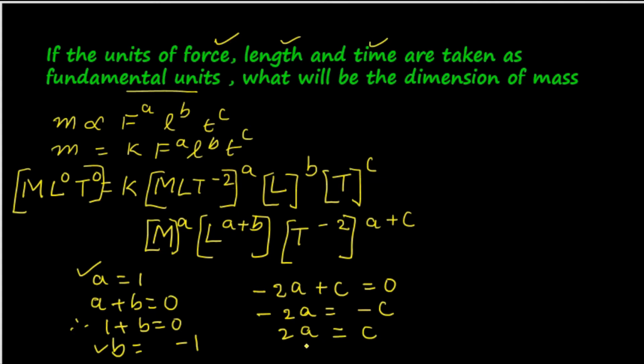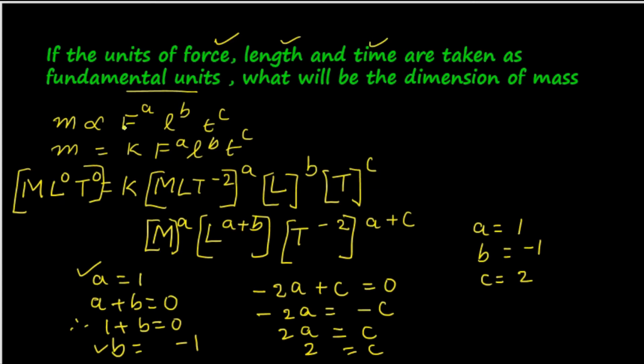So 2A is equal to 2 into 1 equal to 2 equal to C. Or we can write C is equal to 2. So you have these quantities. A is equal to 1, B is equal to minus 1 and C is equal to 2.